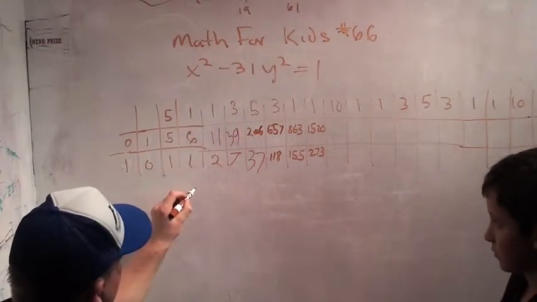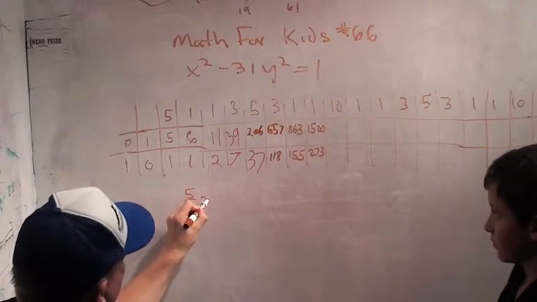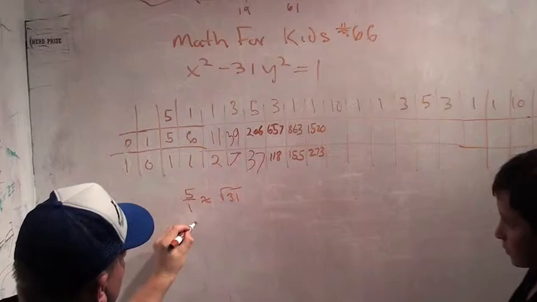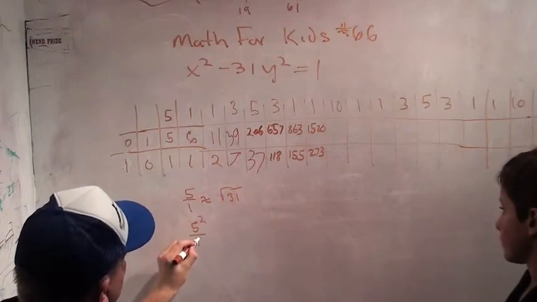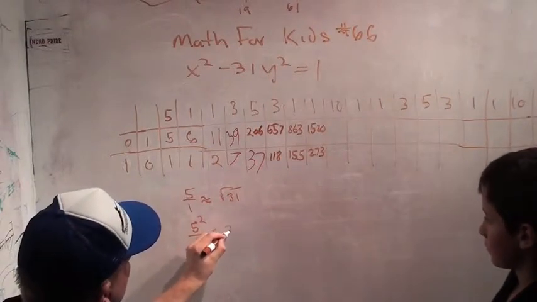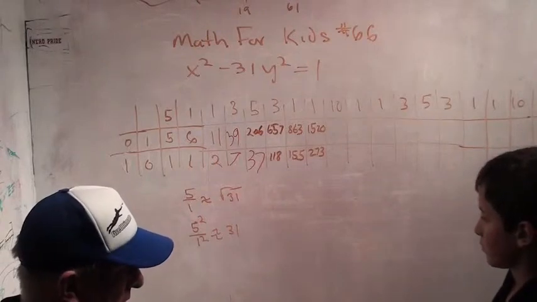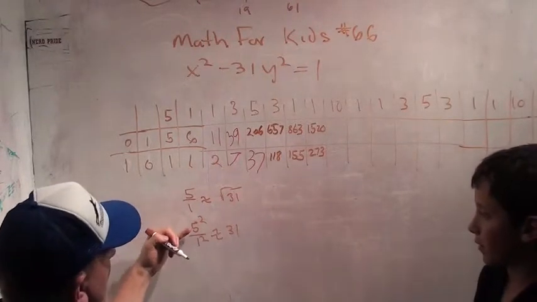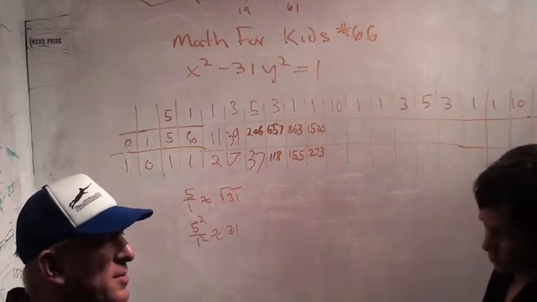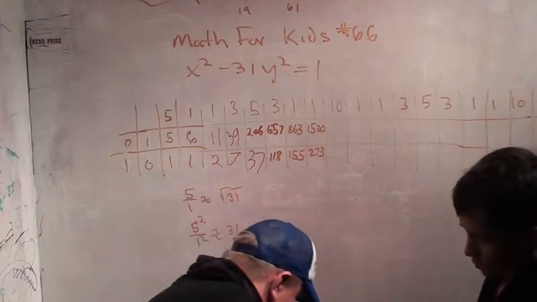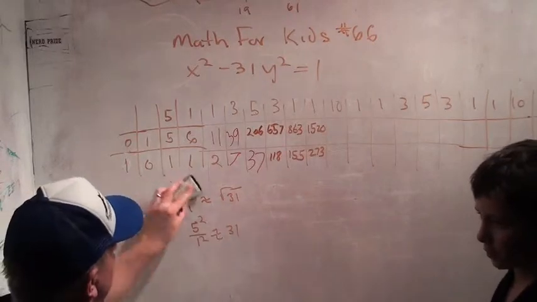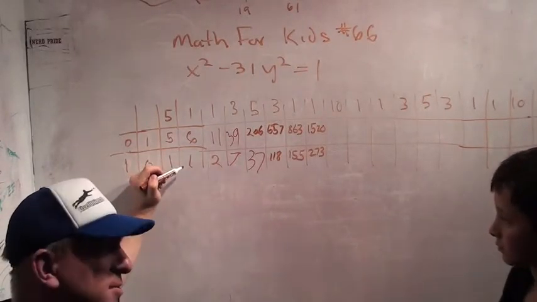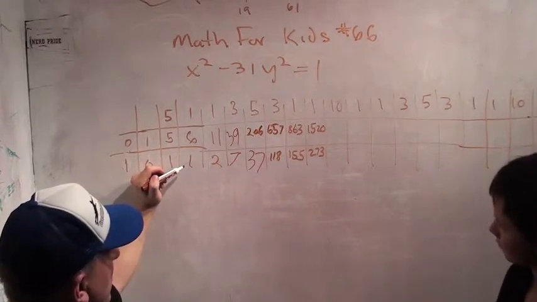So if 5 over 1 is approximately equal to the square root of 31, that means 5 squared over 1 squared should be approximately 31. Well, let's check. 25 is kind of close to 31, but it's not that good of an approximation. 6 over 1 would give 36, which is also kind of close to 31, but it's not that good.